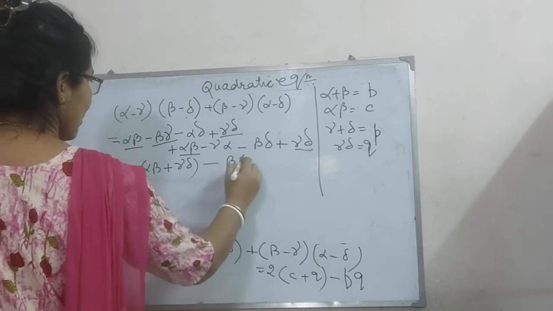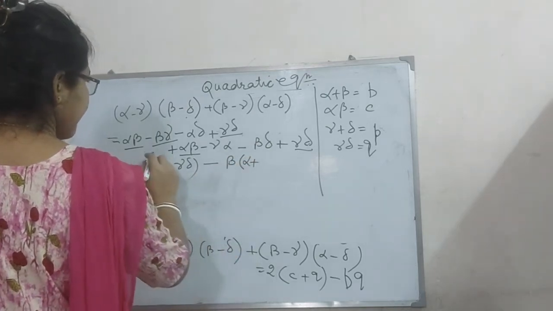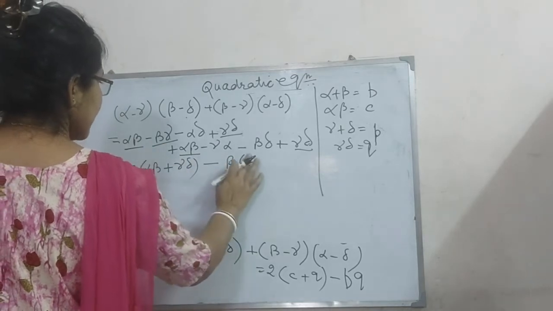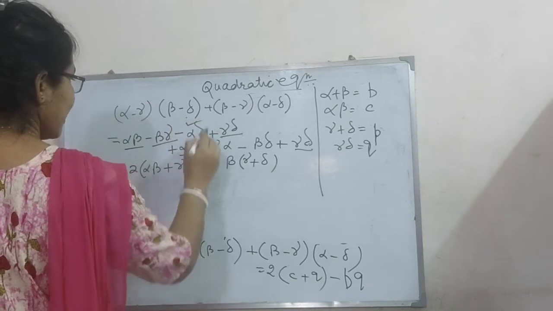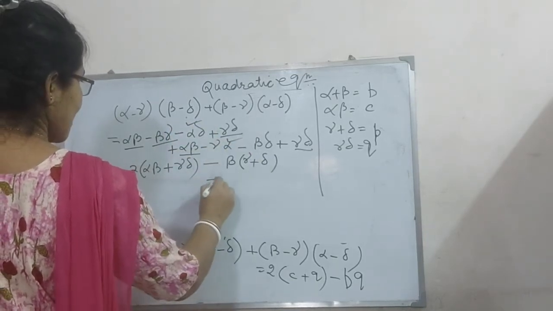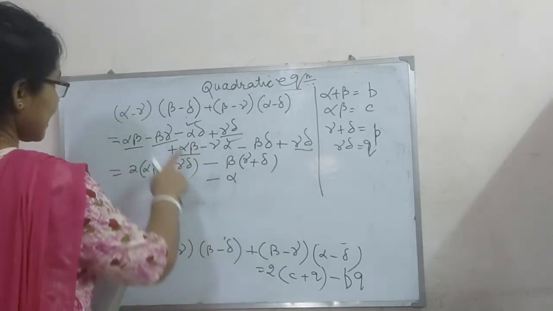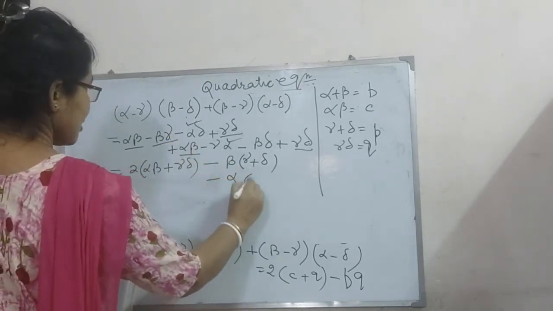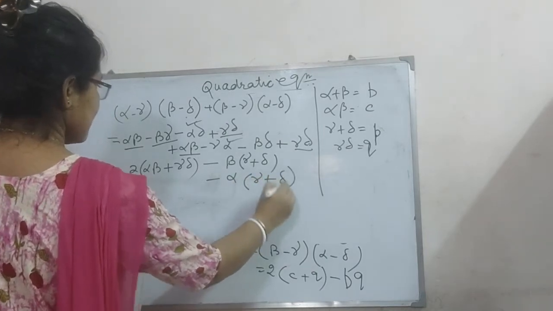If I take beta common, then minus beta (gamma plus delta), and from these two expressions I will take alpha common, so minus alpha (gamma plus delta).